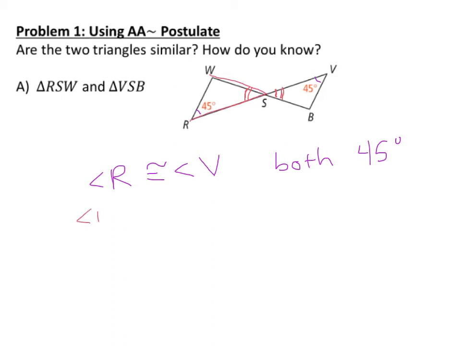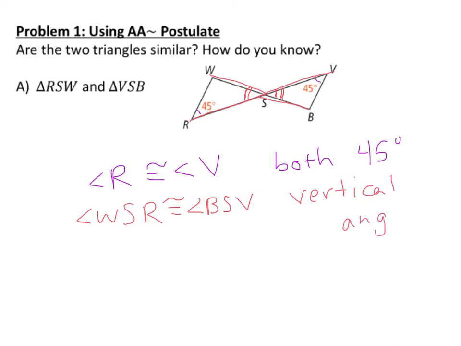So angle WSR is congruent to angle BSV, and I know that they're congruent because they are vertical angles. So since we have two pairs of congruent angles, yes, the two triangles are similar.